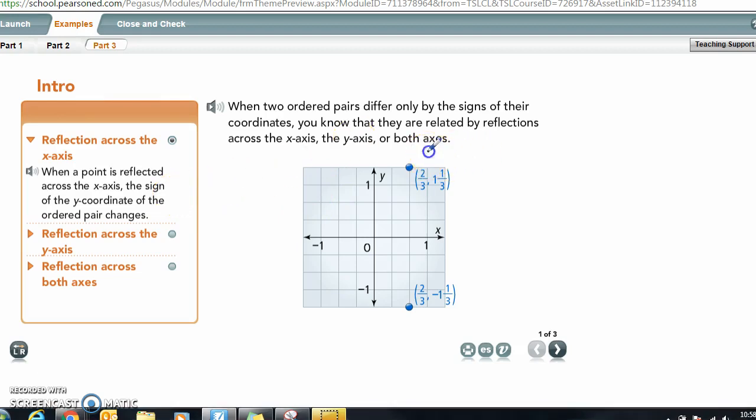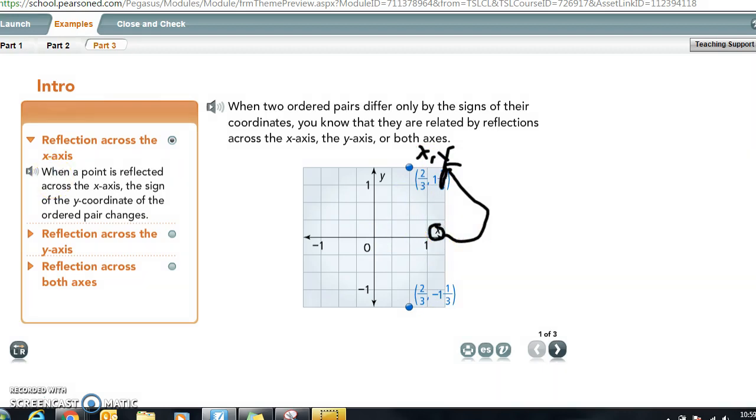So remember, the first number in the ordered pair is always the x, and the second is the y. If you're reflecting across the x-axis, you are changing just the y. So it's going to be the same numbers, but they're making this one a negative because they're flipping it over the x-axis.